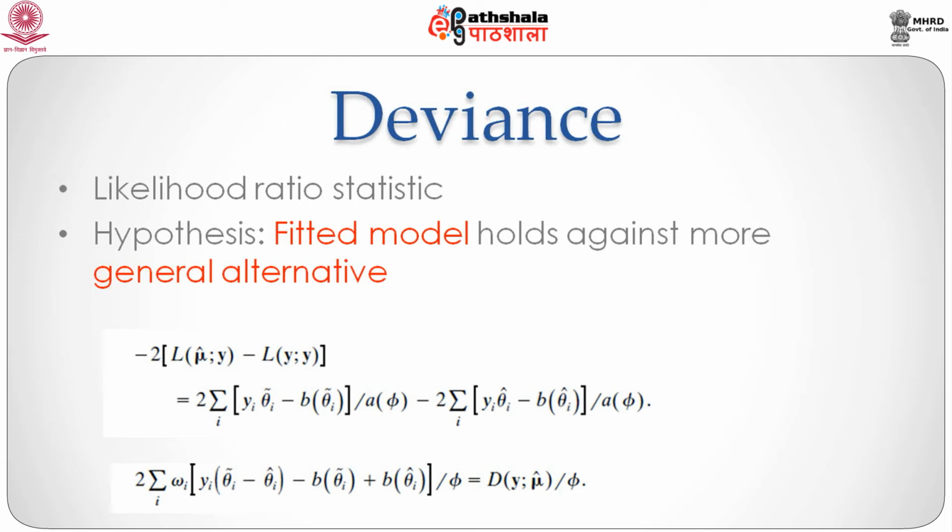This turns out to be equal to twice the summation over i of wi times yi into theta i tilde minus theta i hat, minus b of theta i tilde plus b of theta i hat, whole divided by phi, for most models, because for many popular GLMs, the function a of phi is of the form phi by some constant wi.